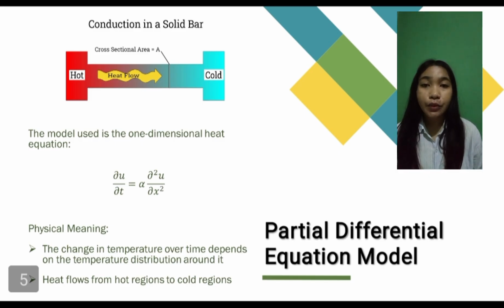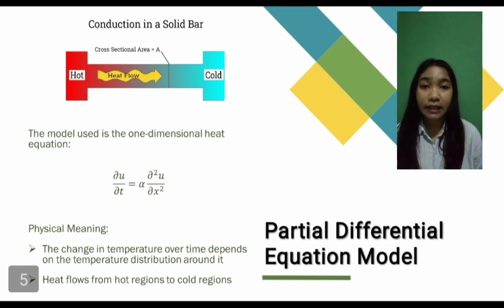The equation is written as partial U partial T equals alpha partial squared U partial x squared. In this equation, U of x and t represents the temperature at position x and time t.